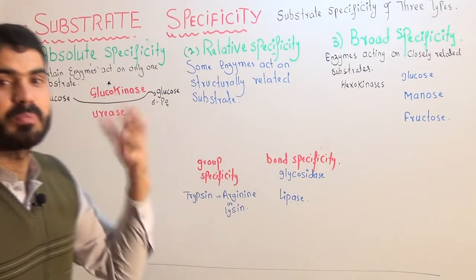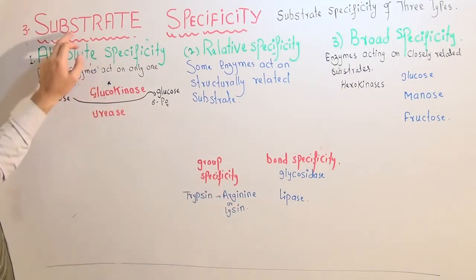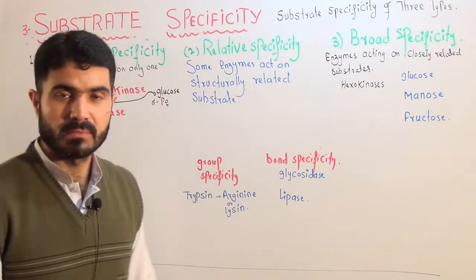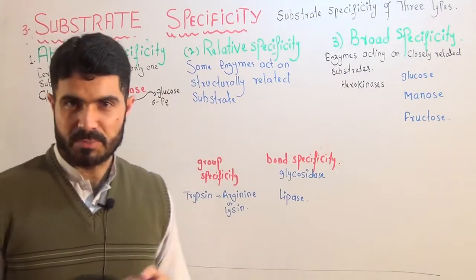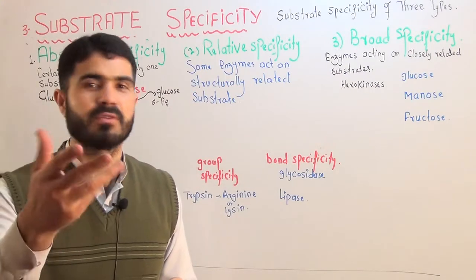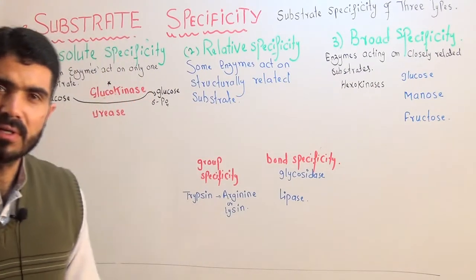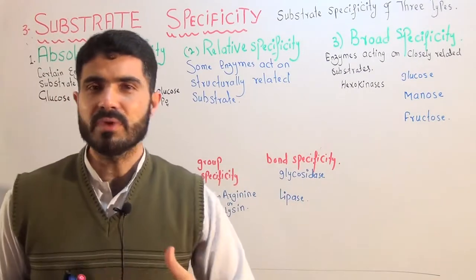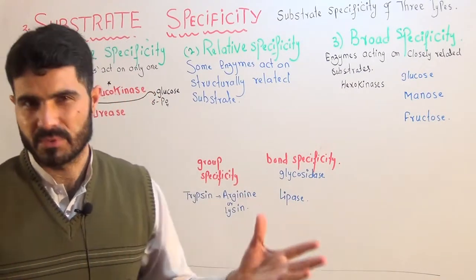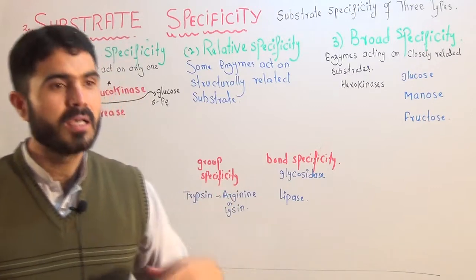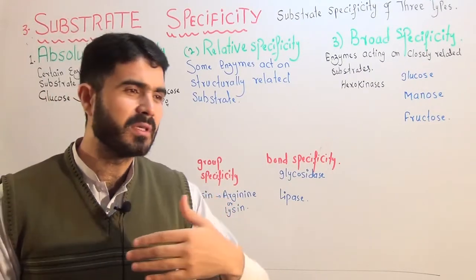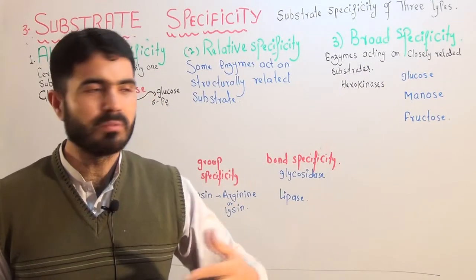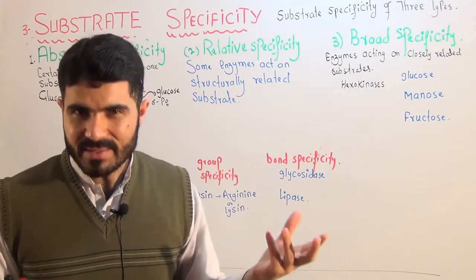So the third specificity is called the substrate specificity. In order to clear the idea of substrate specificity, I would like to give you an example of friendship. In our surroundings, we have different types of people, different types of friends. Some people don't make friendship with any other person who has more than one quality.